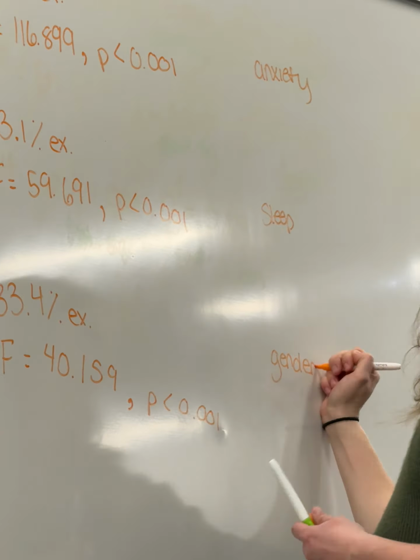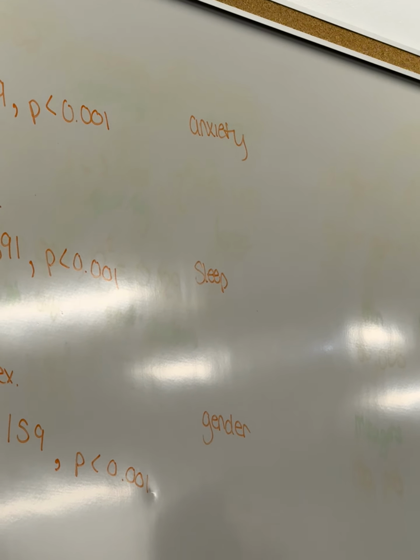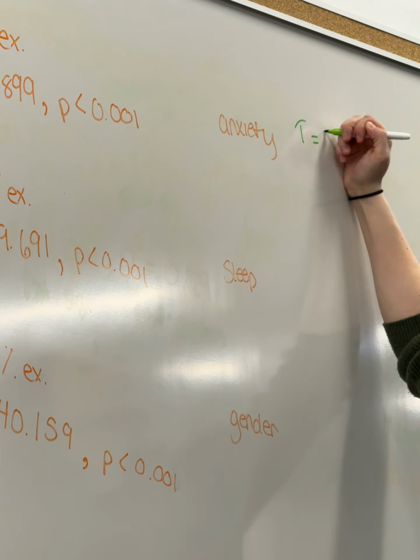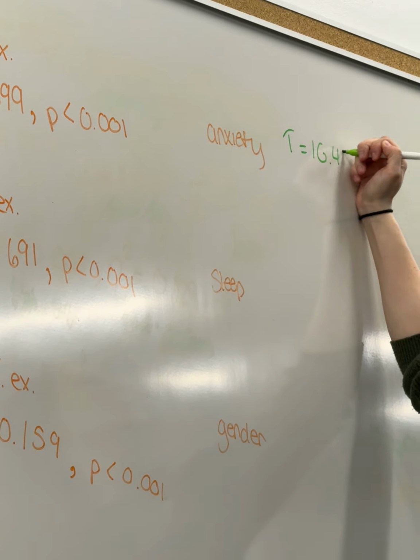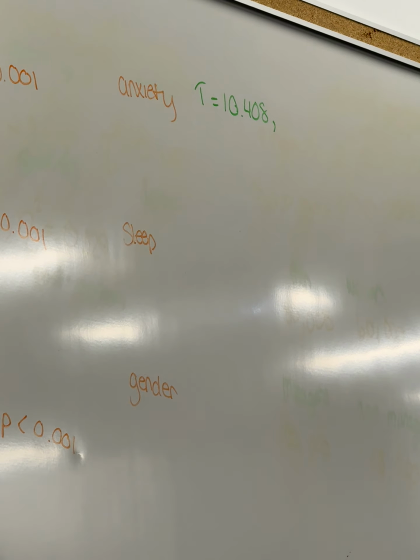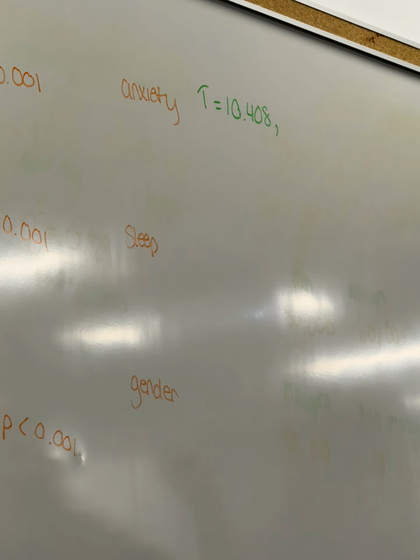So I like to start with my t-values because it always tells me, is it a good predictor, yes or no? Just tells you the importance of the overall. So for anxiety, there is a t-value of 10.408. T equals 10.408. And the significance is less than 0.001.